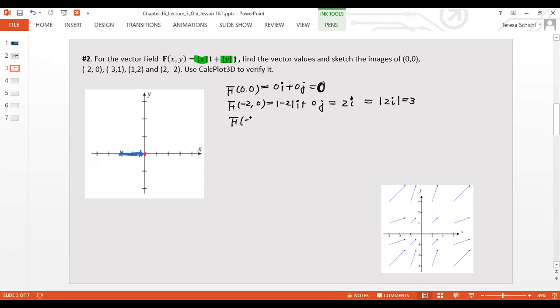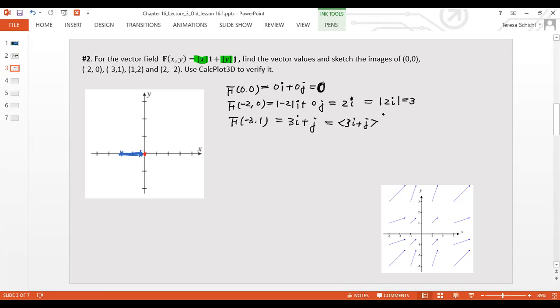F of (-3, 1). So this will just be 3i plus j, correct? Now let's take a look at the magnitude of 3i plus j.